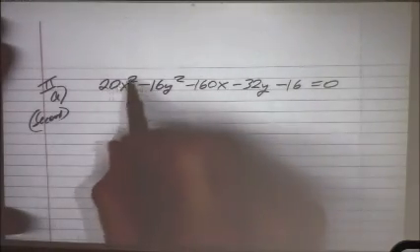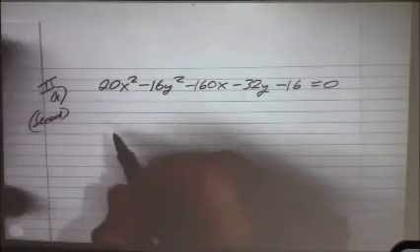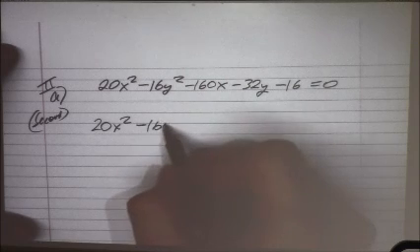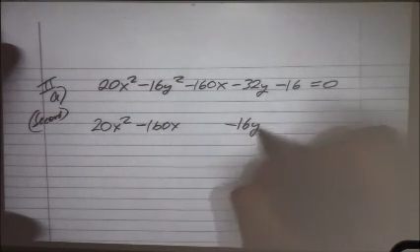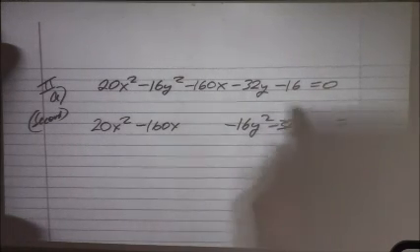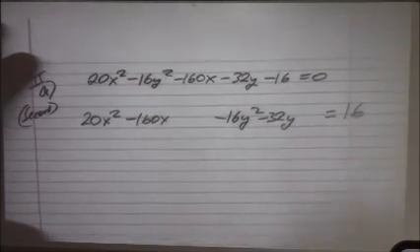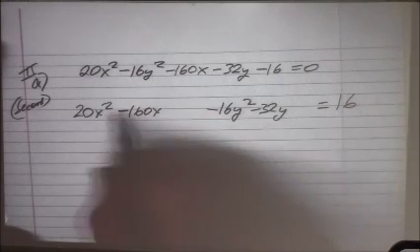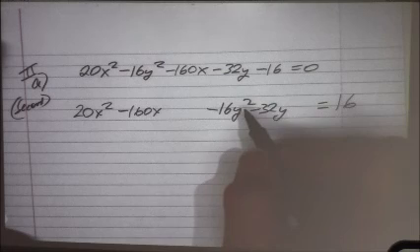Well, I see that the x squared is positive and y squared is negative, so I'll put the positive first. 20x squared minus 160x. I'll leave some space and come over here to negative 16y squared minus 32y. And I'm going to add the 16 to both sides so that I get it over here. Now I will take out the coefficients from both of these in order to get the x squared and the y squared alone and positive.